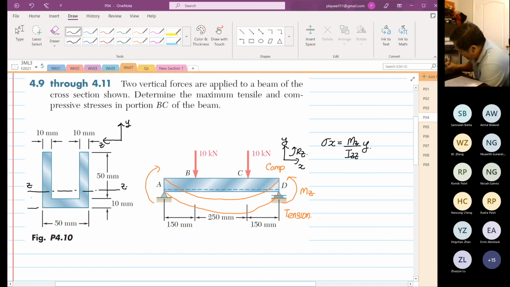Now we have to find our y bar. This is our centroid. So we know that there's our ZZ. Immediately write down this direction is your width. This direction over here is your depth.